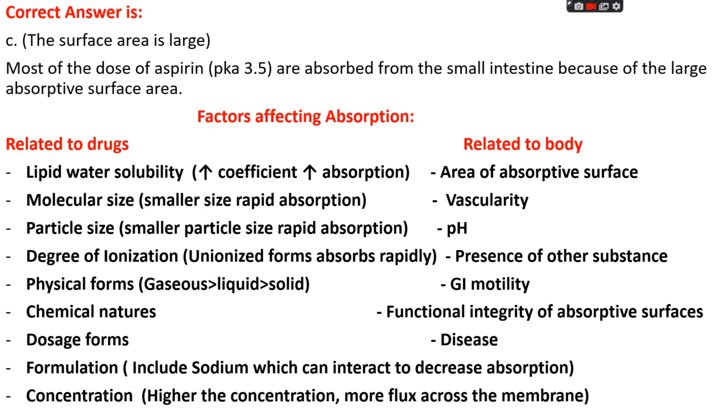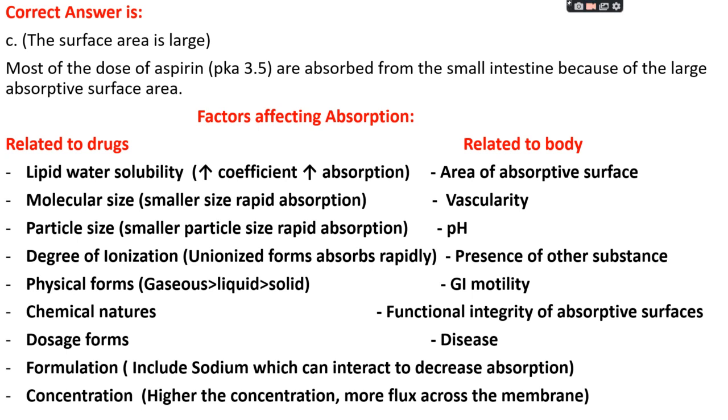Similarly, dosage form: tablet, capsule, and liquid. We know the liquid form is more absorbable than the others, and the coating of a tablet may decrease absorption from the site. Next are formulations. Medicines have two components: the active moiety, which is the drug, and certain inert substances added to it.